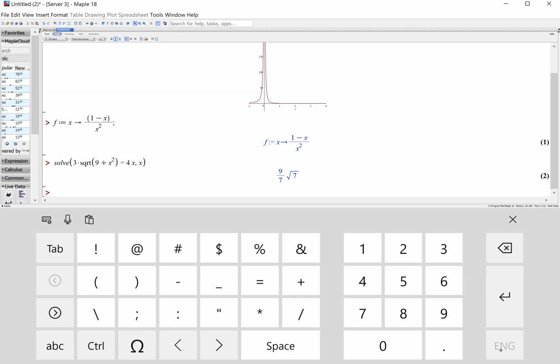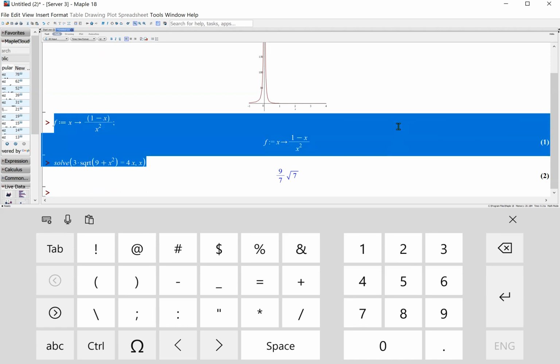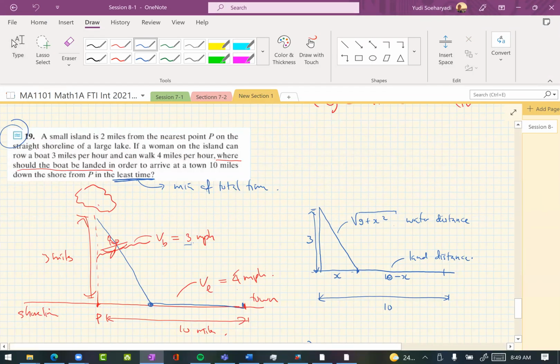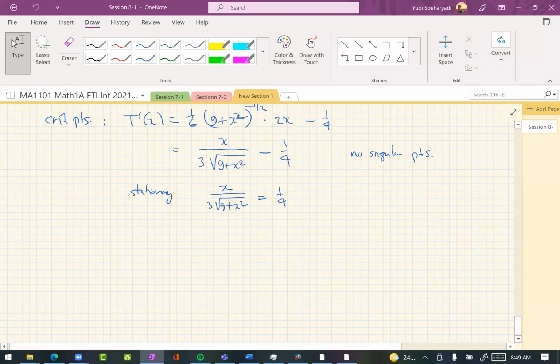Okay. So you can figure out what the number should be, around that point.